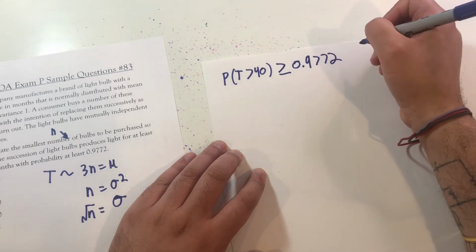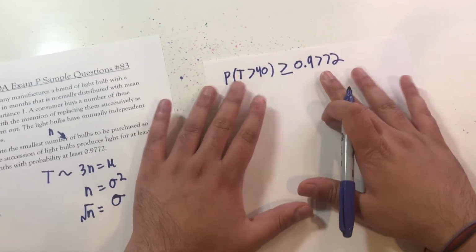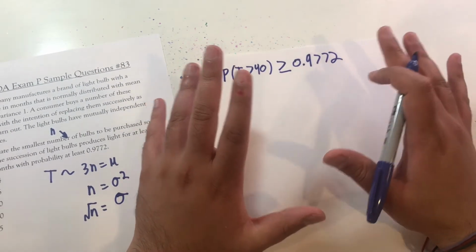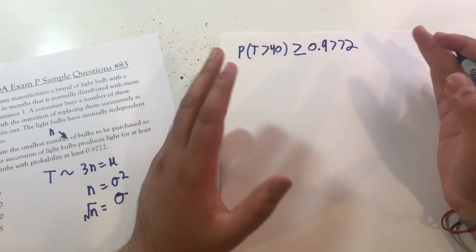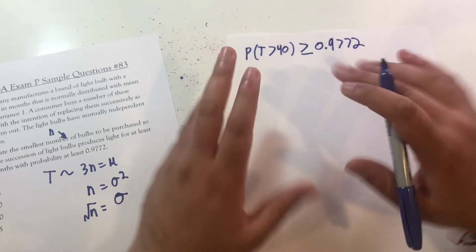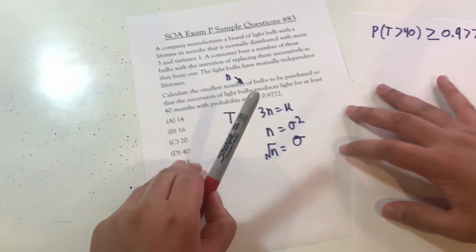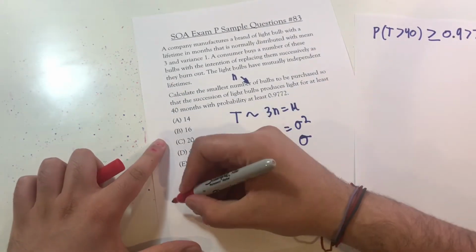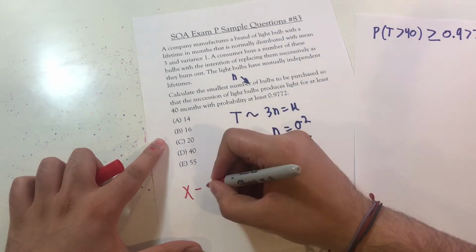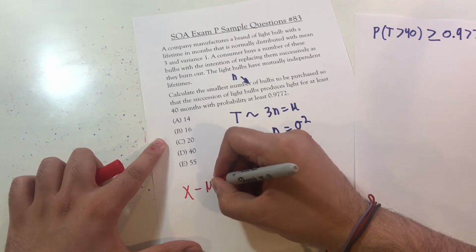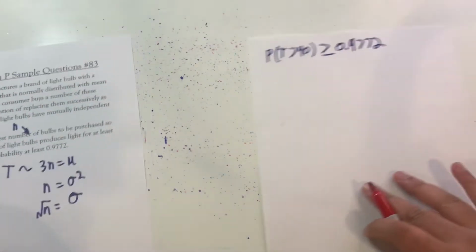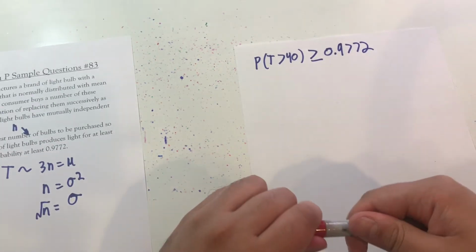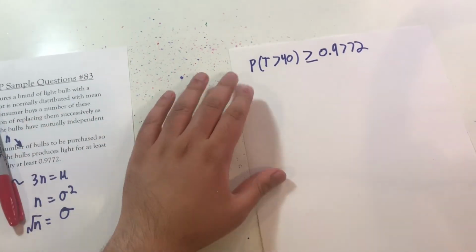0.9772. Once I have this set up, I can now start doing the normal distribution thing that you're probably very used to by now. I'm applying this formula, writing in red, a new thing I'm doing just because it's that important. And I'm going to apply it here.